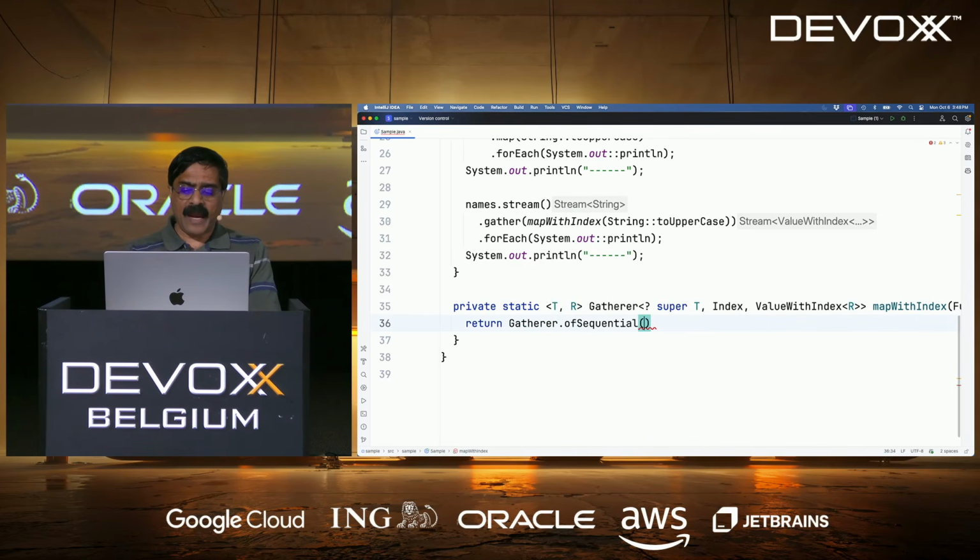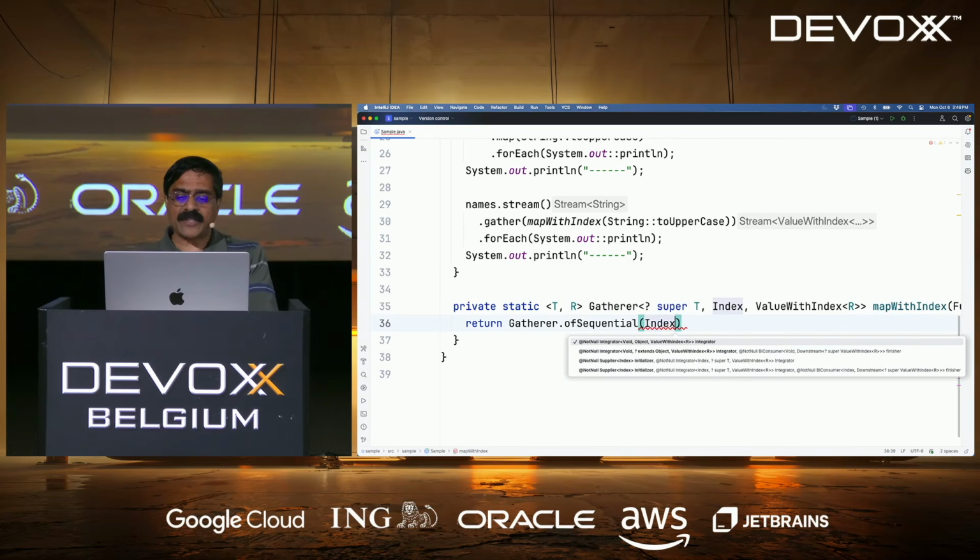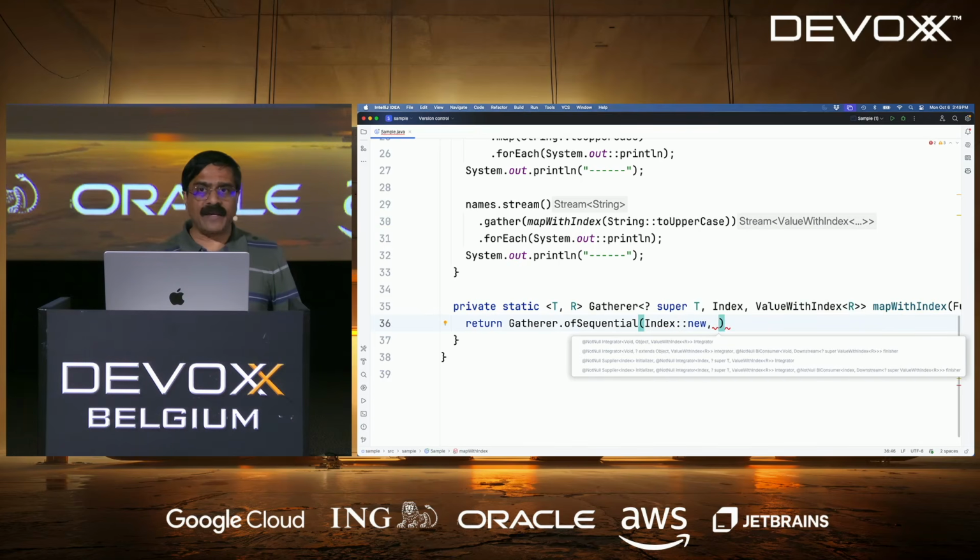gatherer.ofSequential, and what are the things it's going to take? Notice it's going to take index as a value. So the first argument you're going to pass to it is Index::new, and you're creating a new index because you need an initial state to feed it, right? So that's your state of 0. So you create this, your index is 0 right off the bat.